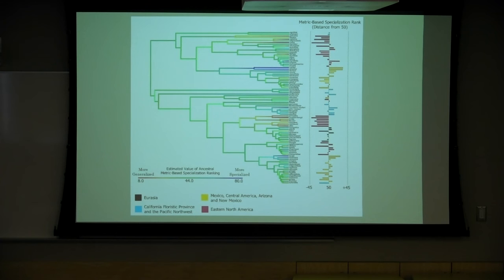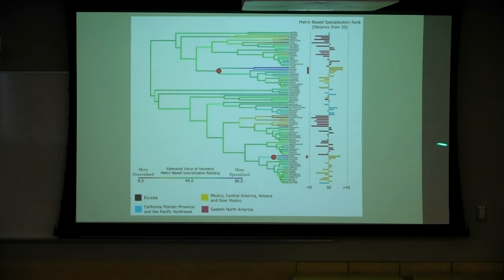And what you'll find is that even though you have groups of extremely generalized species like these in Eastern North America, and groups of specialists like you see in some of the Mexican species, color-coded by this bar here, there isn't actually any significant shifts in those values. Or otherwise, what that means is that despite these clusters where the pattern looks different to us, it's not actually statistically significantly different.